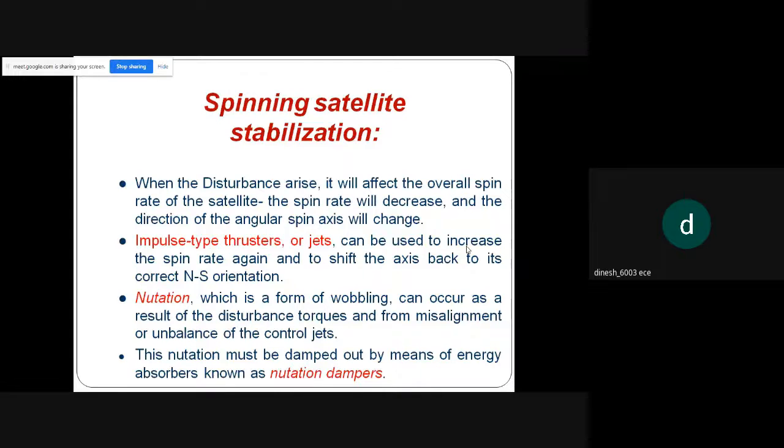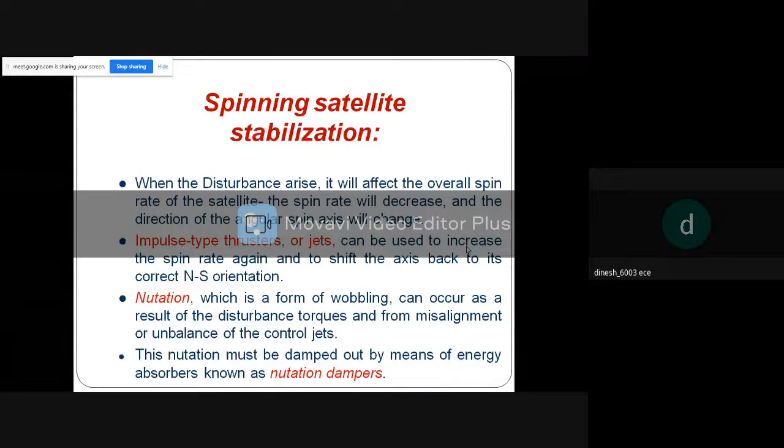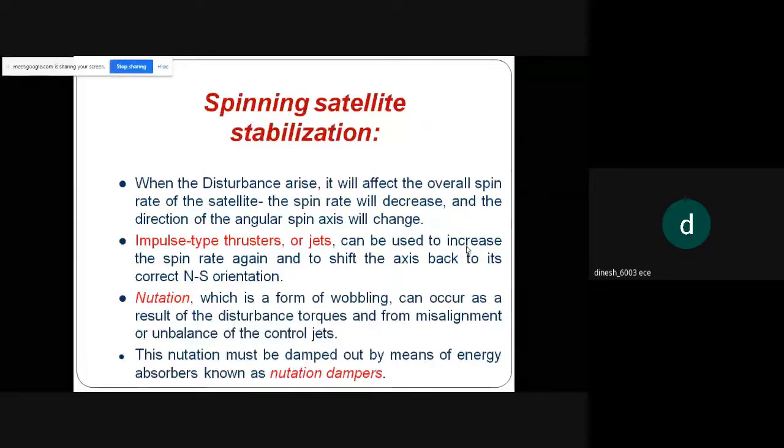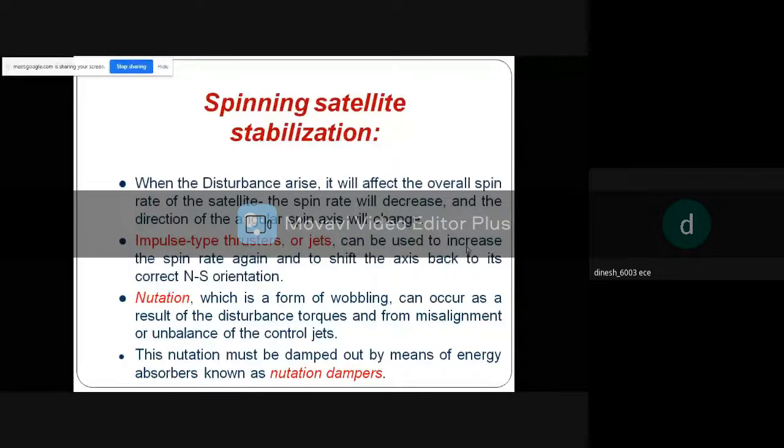Nutation, which is a form of wobbling, can occur as a result of these disturbance torques, and may lead to misalignment or imbalance of the control jets. So this nutation must be damped out by means of energy absorbers known as nutation dampers.